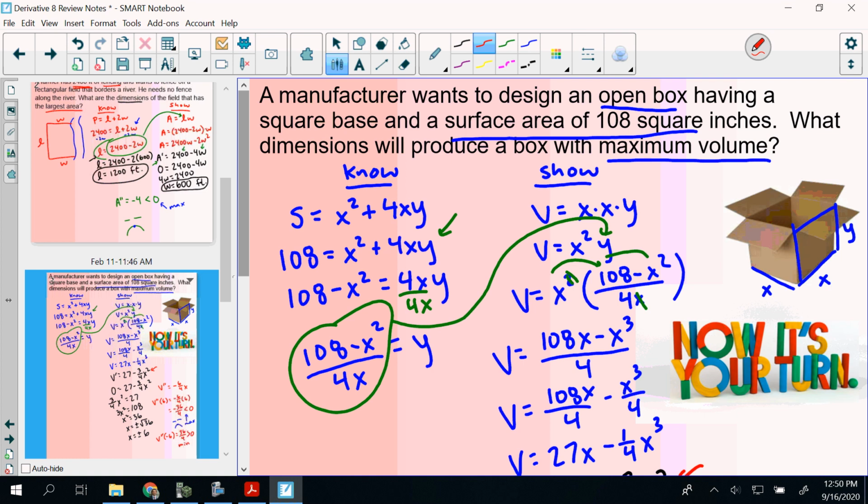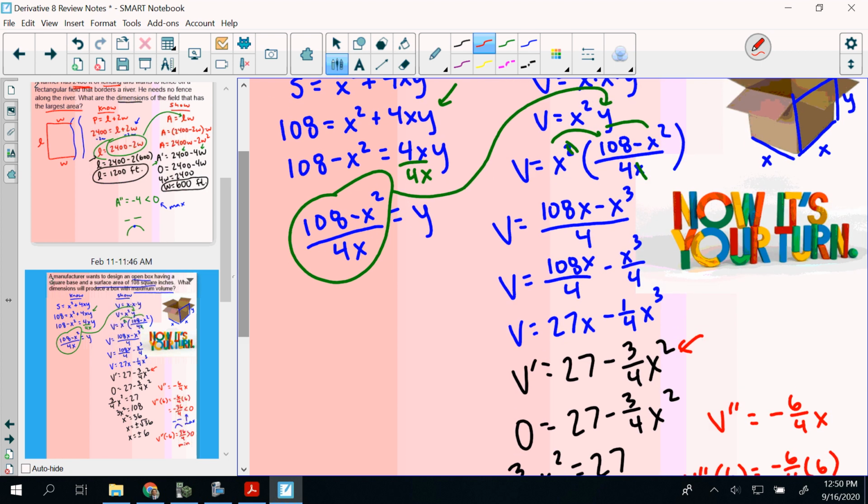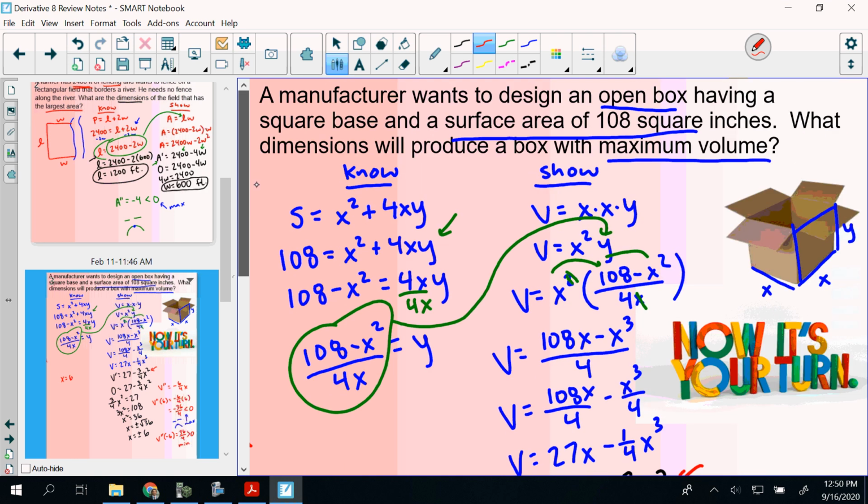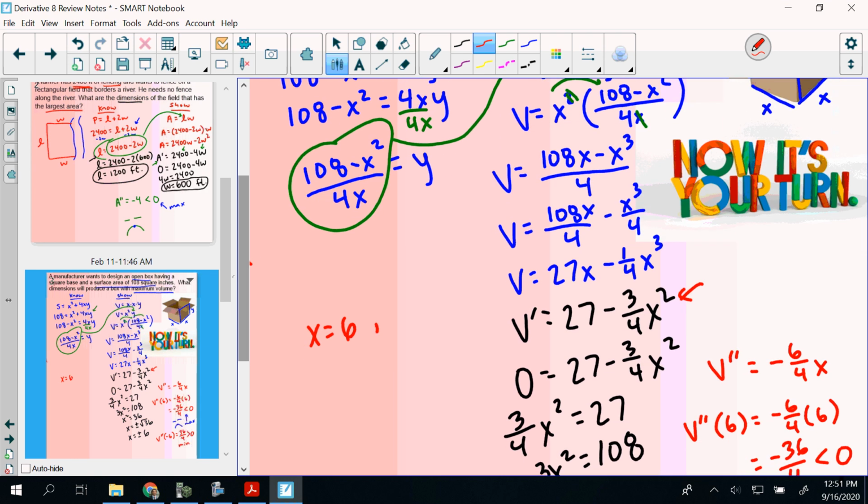Now just make sure you answer the questions. It says again, what dimensions? So we know that our x value here is going to be 6 inches, I believe. Yep, square inches, so 6 inches. What's our y? Best place to find it would be right here.